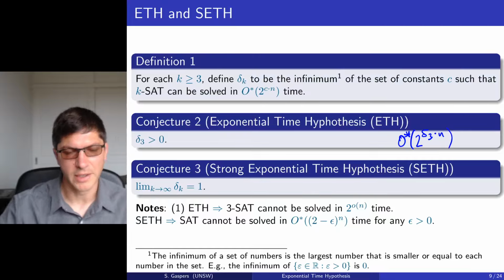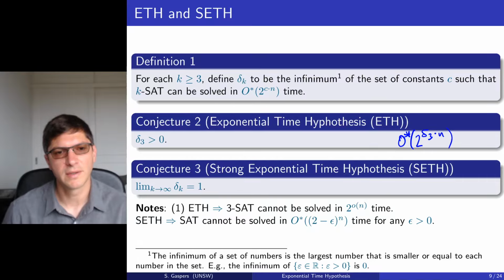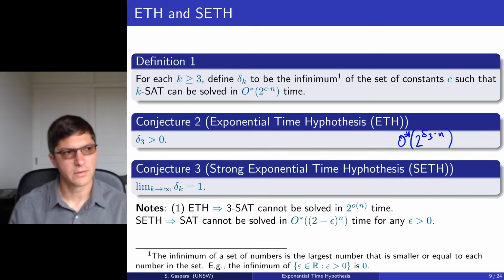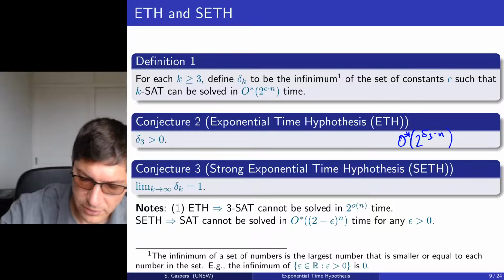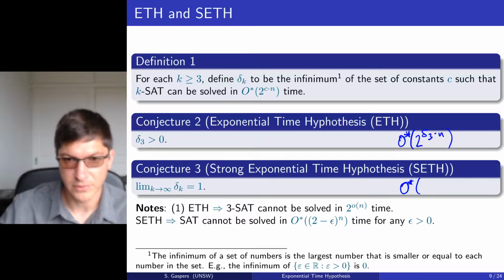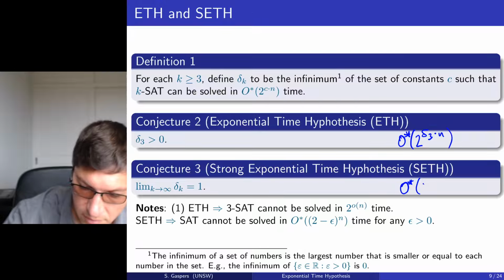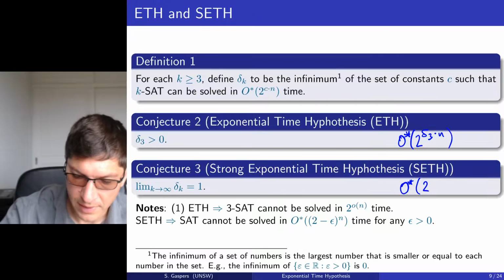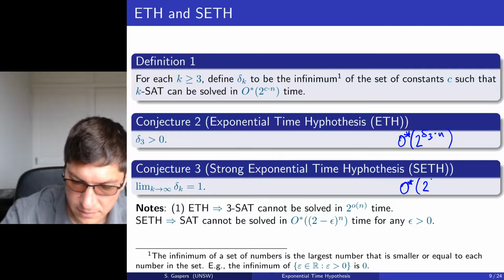Okay, and then the strong exponential time hypothesis assumes that, as k becomes larger and larger, so as the clauses become longer and longer, the limit of delta k, when k tends to infinity, is equal to 1. So meaning that for satisfiability, where we do have possibly very large clauses, the running time will be at least 2 to the power n.